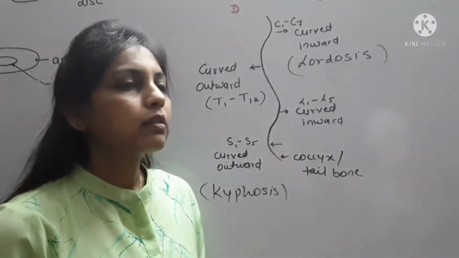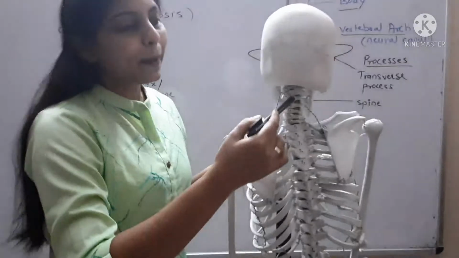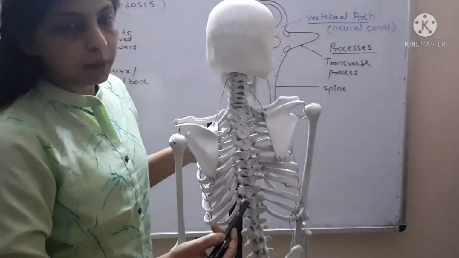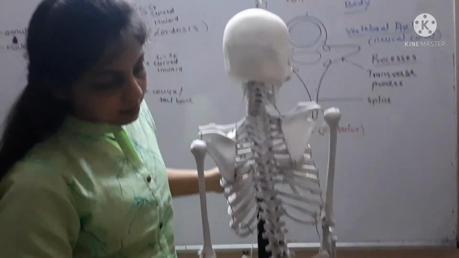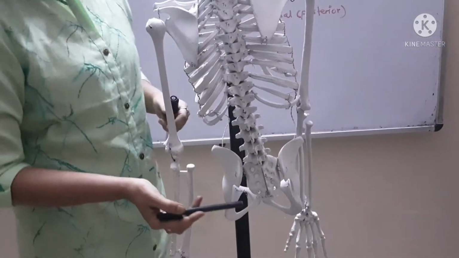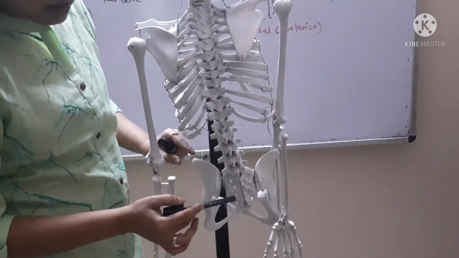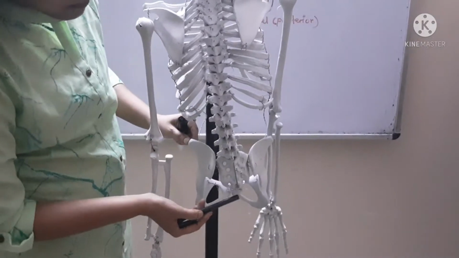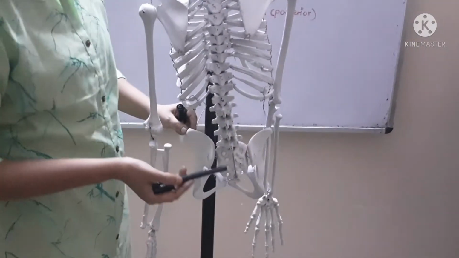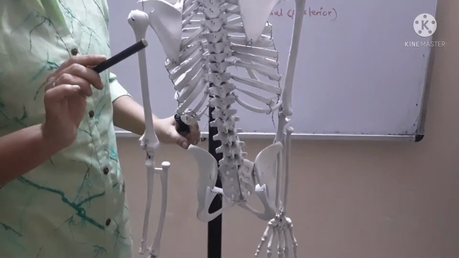Now, out of these 33 vertebrae, the superior 24 vertebrae are articulating type, whereas the sacrum and coccyx are non-articulating type. That means the 5 sacral vertebrae are fused together to form a single bone, and the 4 coccygeal vertebrae are fused together to form one single caudal or tailbone.